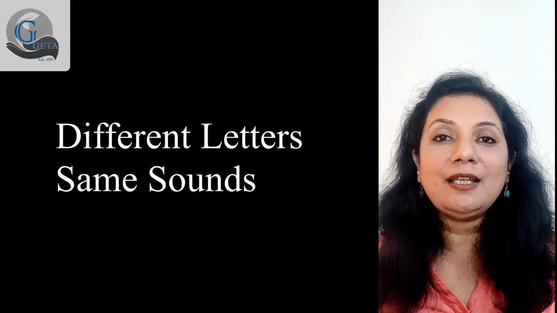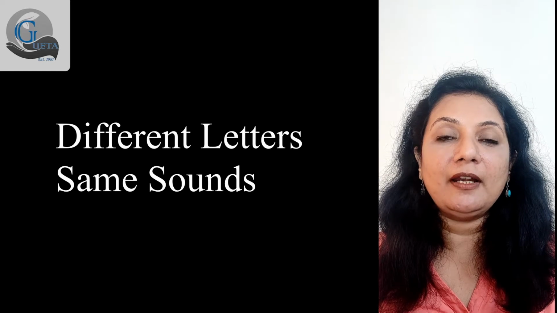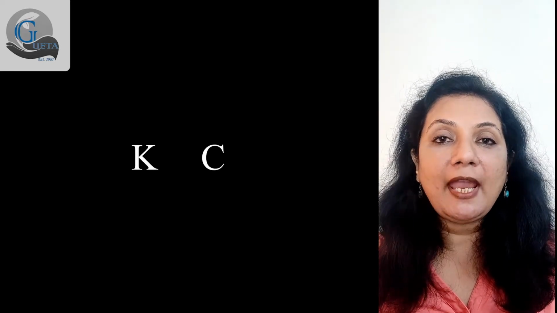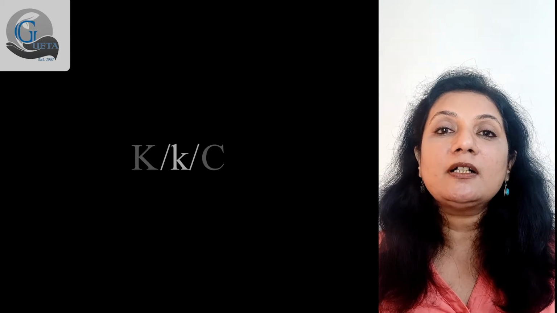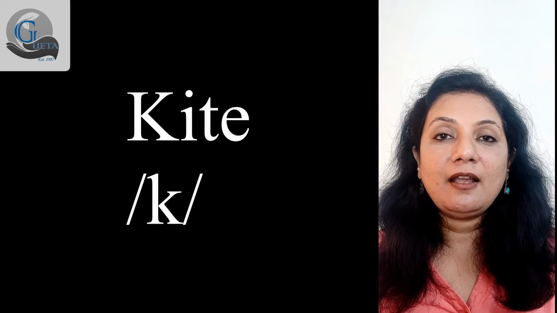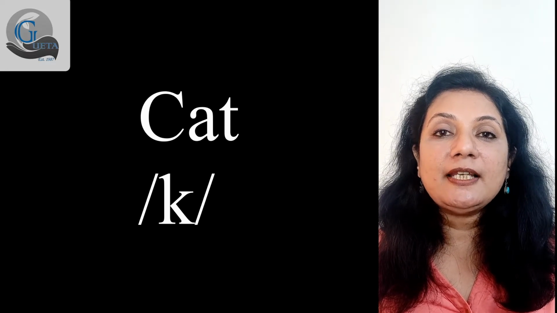You must have seen that there are different letters of the alphabet and they may have the same sound. For example, K and C sometimes both have the K sound. For example, if you have a word like kite, K-I-T-E, then the sound is K, and C-A-T is also K.